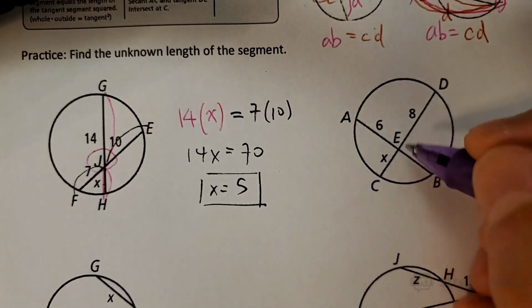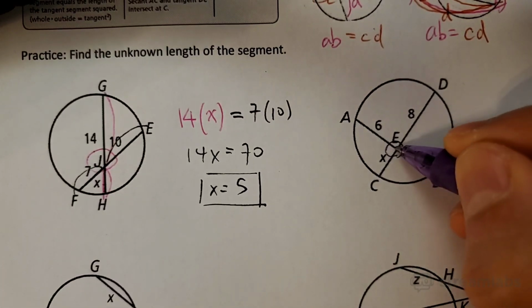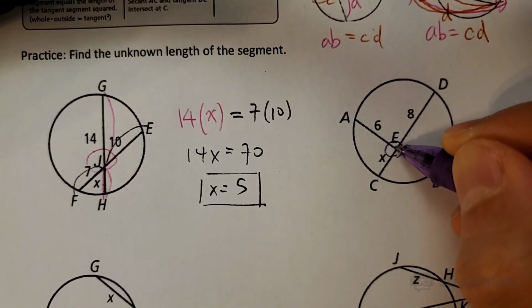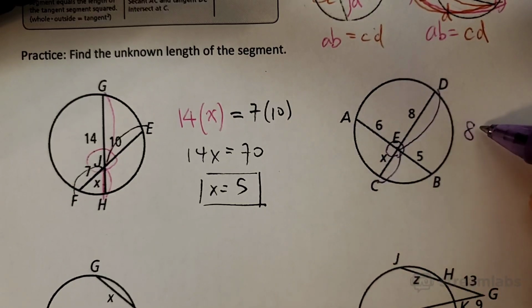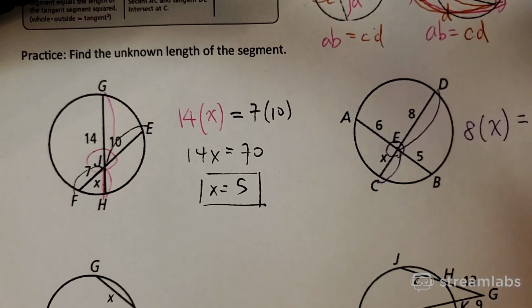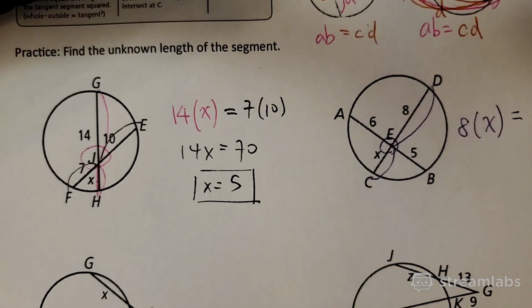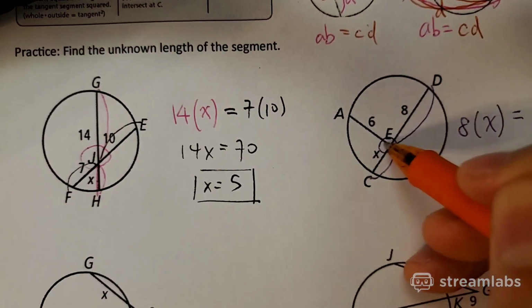So this one, start with E. Start with any line. So this times this, right? 8 times x is equal to, the other side is 5 times 6, right?